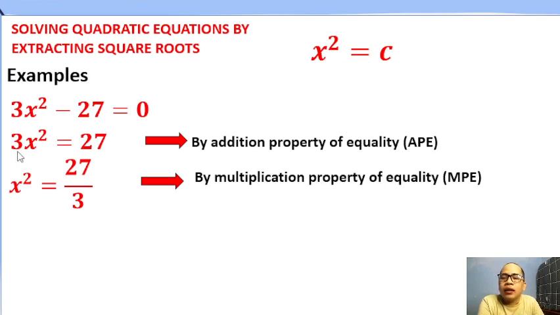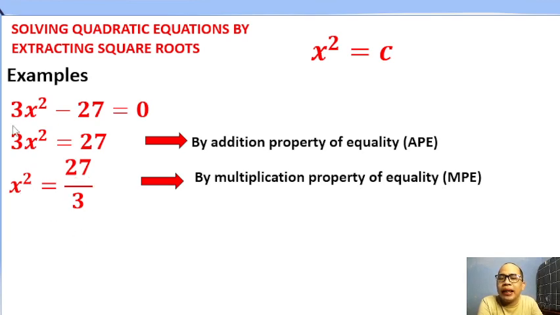If you observe, negative 27 has moved to the other side of the equation. It's because of the addition property of equality, or we just transpose this negative 27 to the other side. So, what is left is 3x squared equal to 27. So, by the multiplication property of equality, we get the equation x squared is equal to 27 over 3.